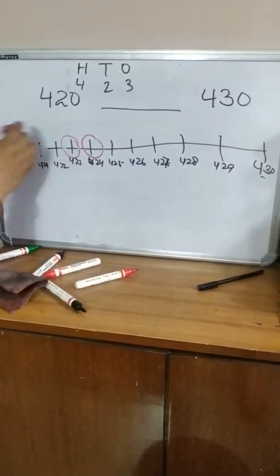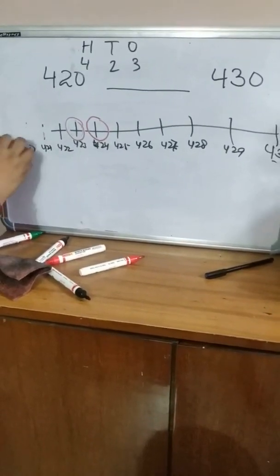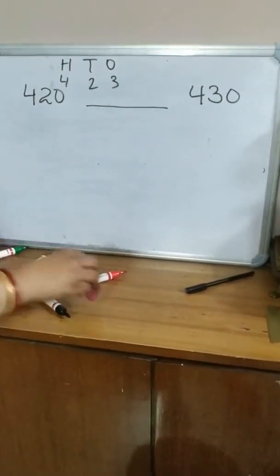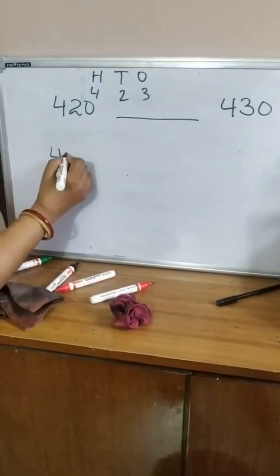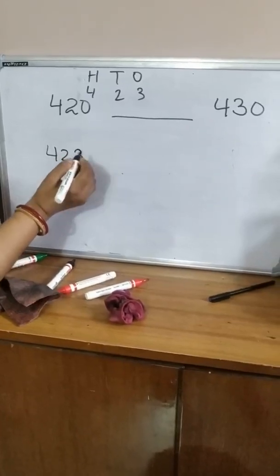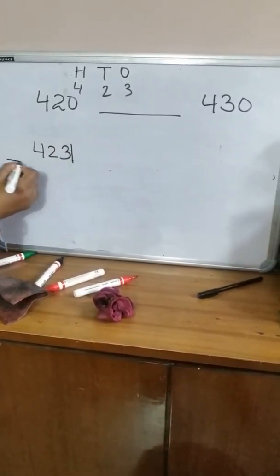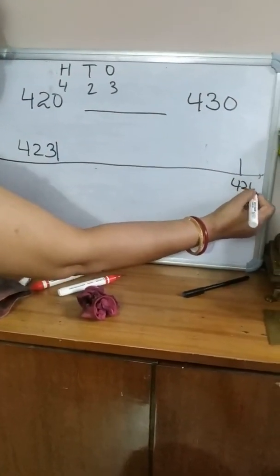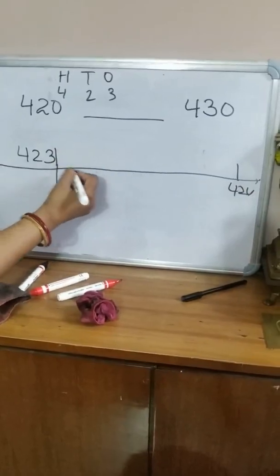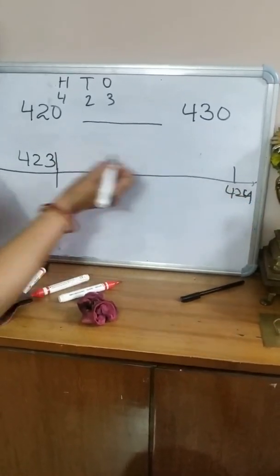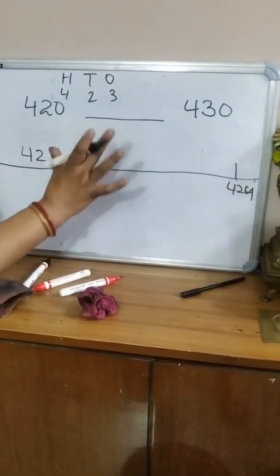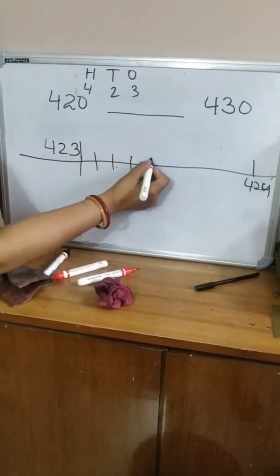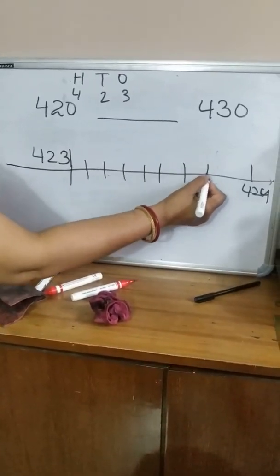Now here all of you see. This is 423 and this is 424. Now I am going to divide it into 10 equal parts. In between 423 and 424, I divide it into 10 equal parts: 1, 2, 3, 4, 5, 6, 7, 8, 9, this 10.